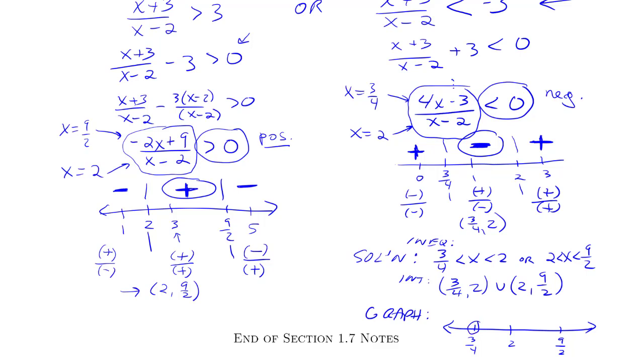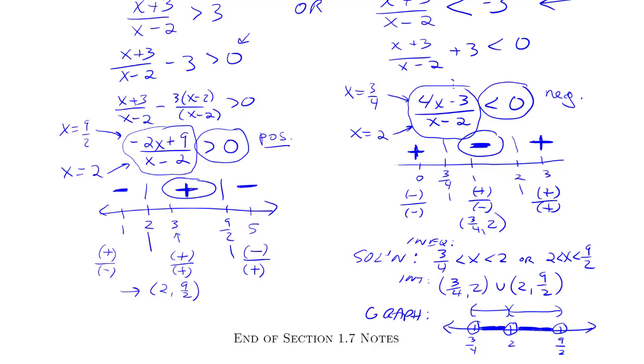So we have open here, open at 2, everything in between. And then we don't have 2, but then we have 2 open to 9/2 open. If you like the other notation, it would be like that.